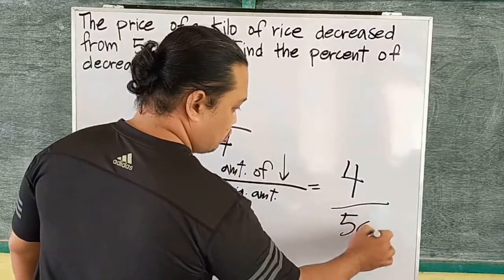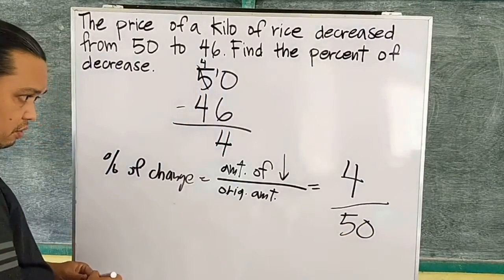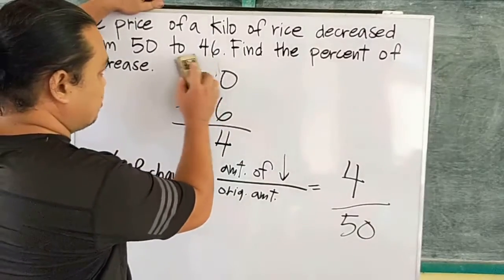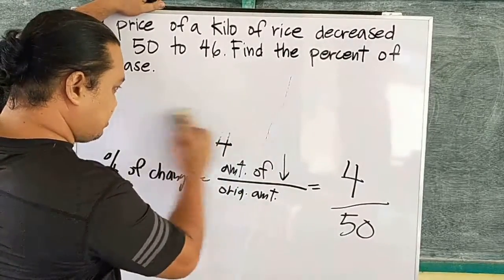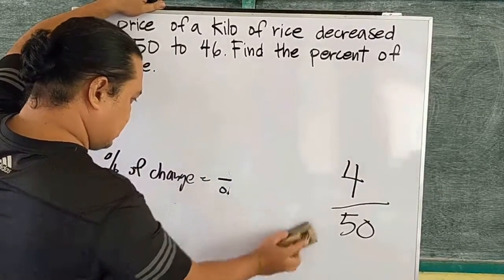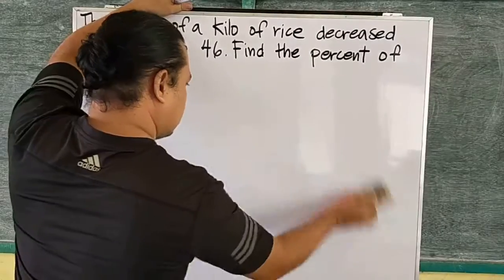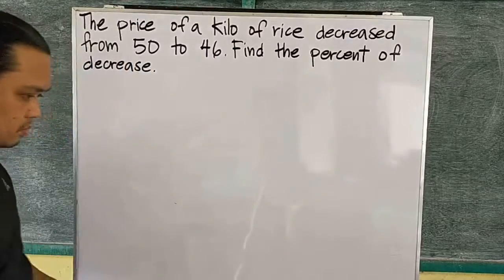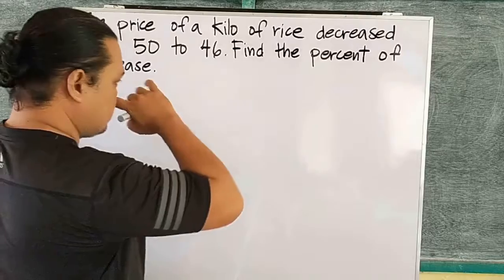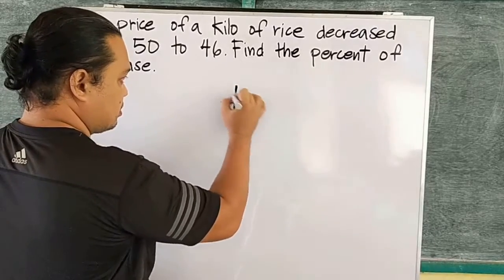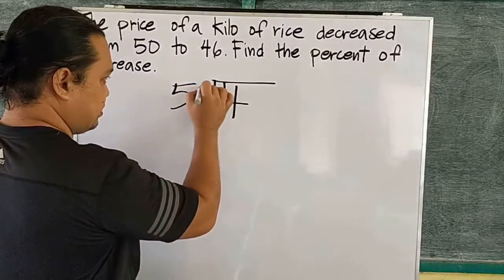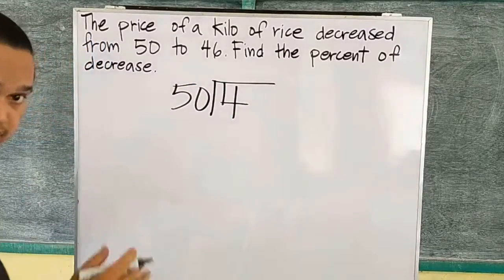So our solution will be 4 over 50, or 4 divided by 50. Okay, so let's divide.